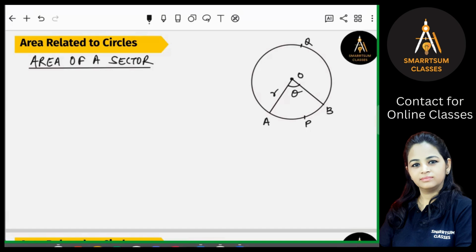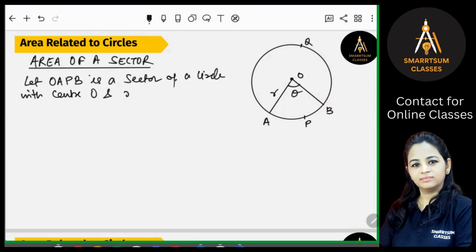Let OAPB be a sector of a circle with center O and radius R, as you can see here in the diagram.